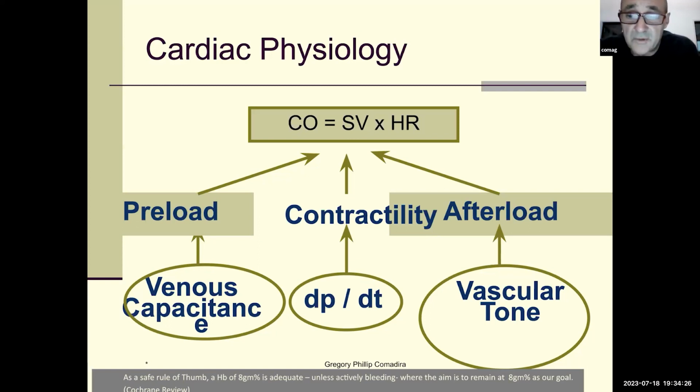But the important thing for you to always remember is not how much blood is available to come back to the heart, it's got to get there, which means we have to look at what's in our chest, which makes the chest X-ray early on vital. Then how well we squeeze, that's not usually a problem. Your heart operates at about 95% of its capacity, sitting here doing nothing at the moment.